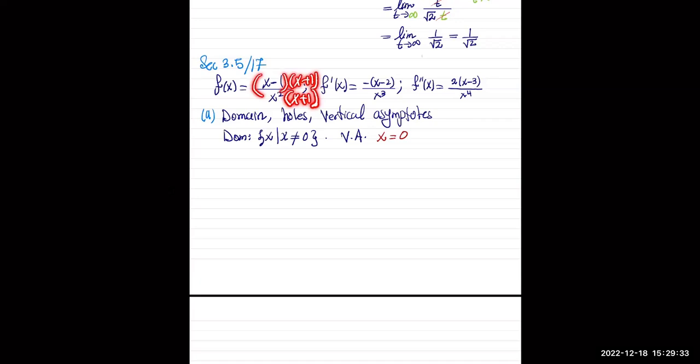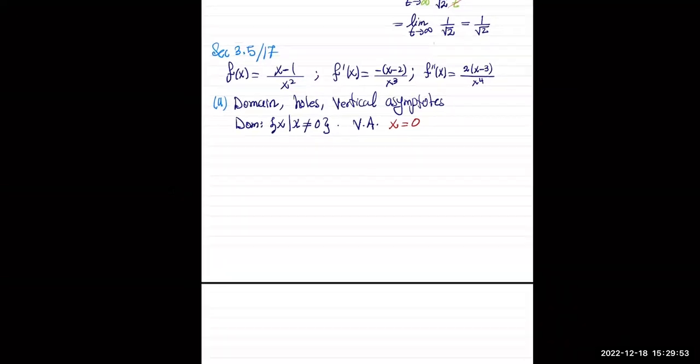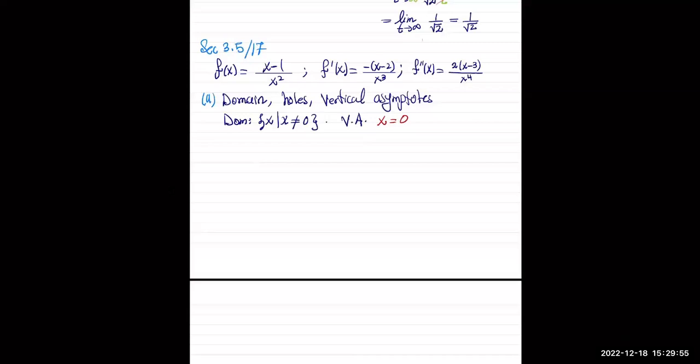Although the function is not defined at -1, the limit would exist, which means that there is a removable discontinuity or a hole. A hole, remember, is when top and bottom have a common factor, and this doesn't. All right, so no holes.